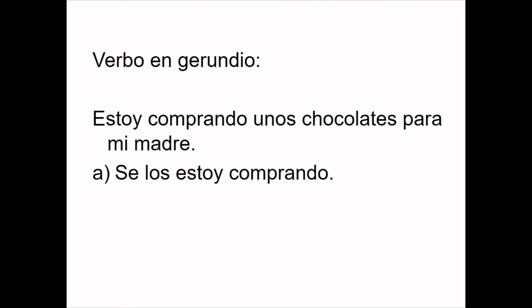In this case, los for los chocolates. I put the pronouns in front of the conjugated verb estoy. Se los estoy comprando. Or I can add the pronouns to the gerund and form a new word. Estoy comprándoselos. The new word has a tilde because it is an exception of pronunciation.